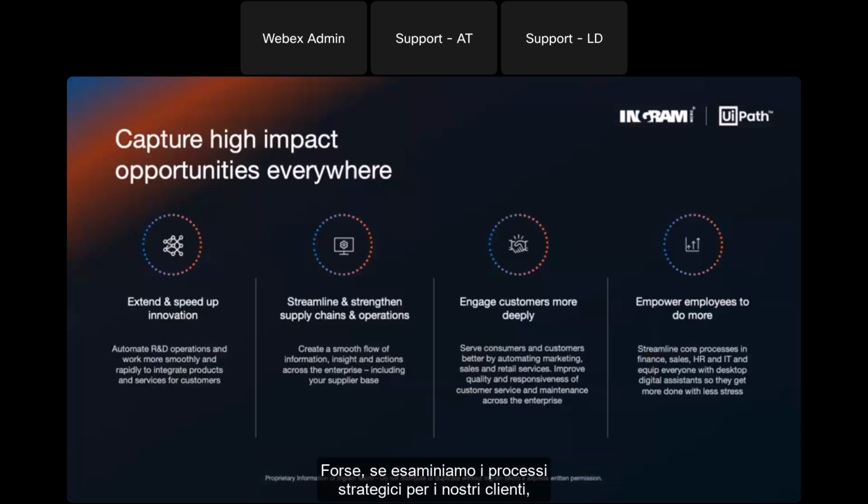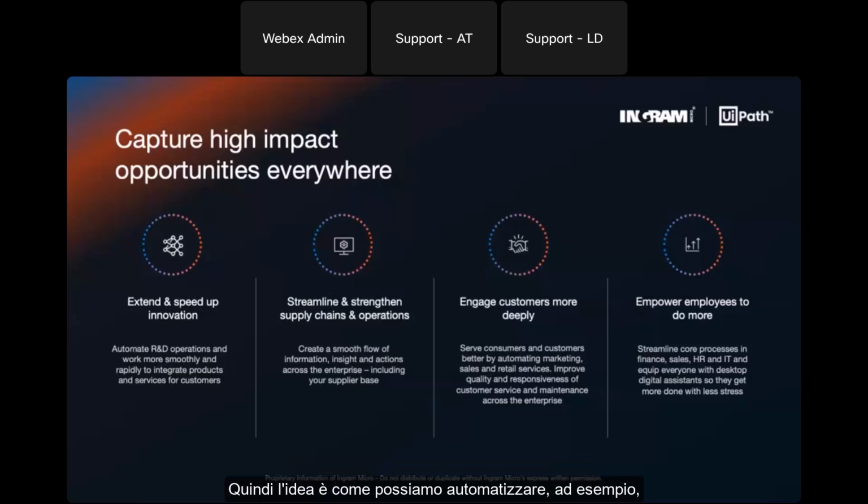Perhaps if we look into the strategic processes for our customers, like procurement, like supply chain, like customer service, post-sale service, for example, everything has a potential for adopting the automation capabilities that we can bring to the table through UiPath.